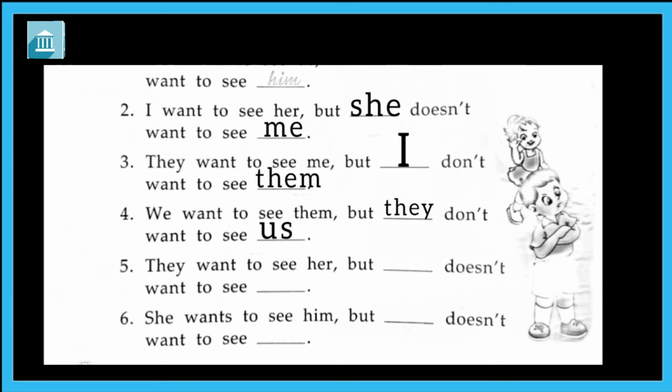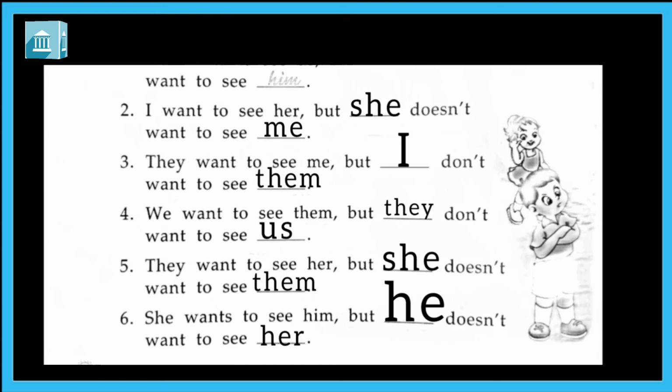They want to see her but she doesn't want to see them. She is subject pronoun and object pronoun is them. She wants to see him but he doesn't want to see her. He is subject pronoun and her is an object pronoun.